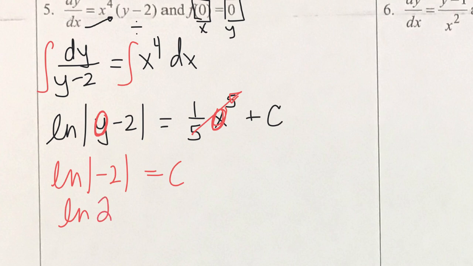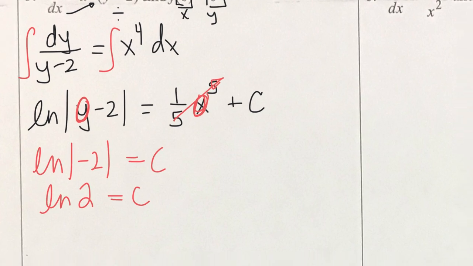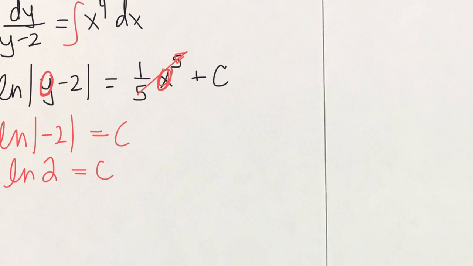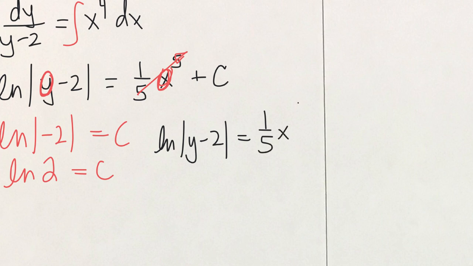So c is just the natural log of 2. Now we can rewrite our equation as natural log of the absolute value of y minus 2 equals 1/5 of x to the 5th plus natural log 2.